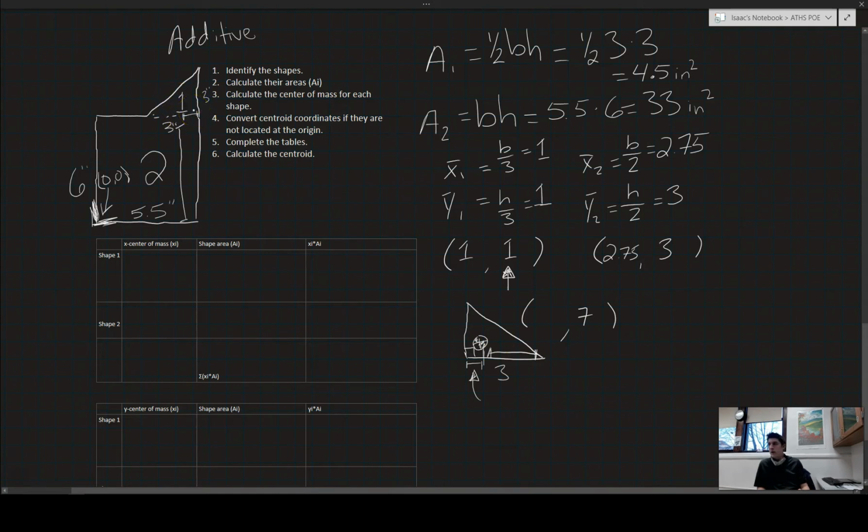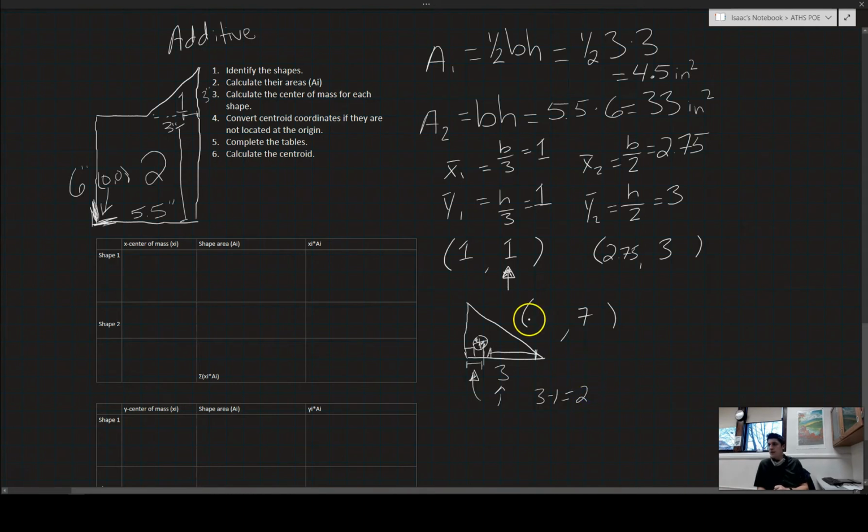So how do we fix that? Well, we just subtract that center of mass number from the overall length, which is 3. So 3 minus 1 gives us the proper coordinate in the right reference frame. So that is 2.